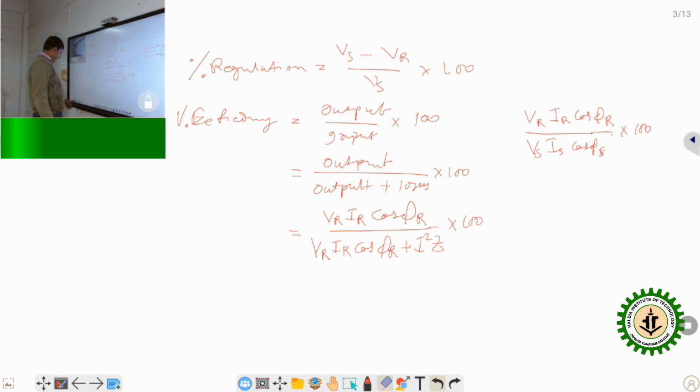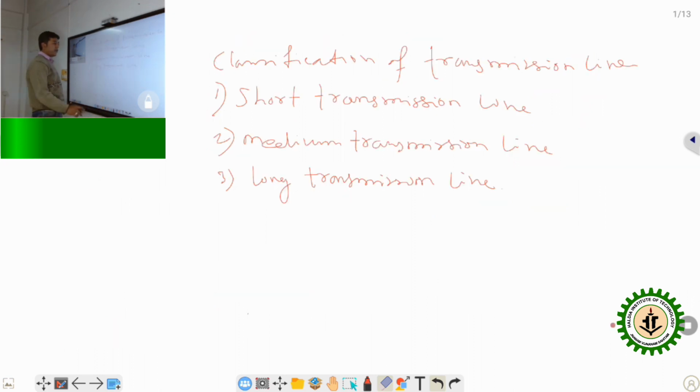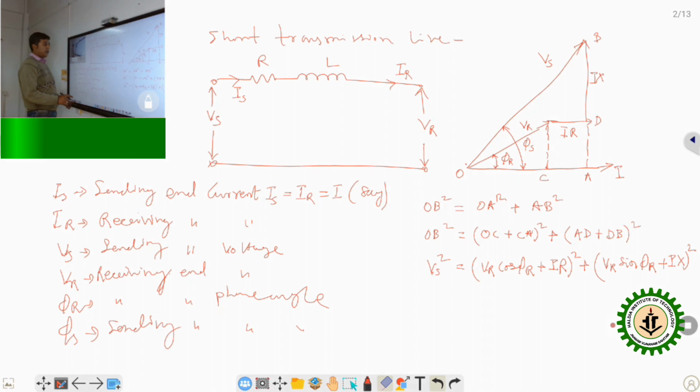So in this way we can calculate the efficiency. Okay. Now this is one way we can show the expression of the short transmission line. There is another way also, by using graphical representation. See, I am just drawing here by considering the graphical representation.